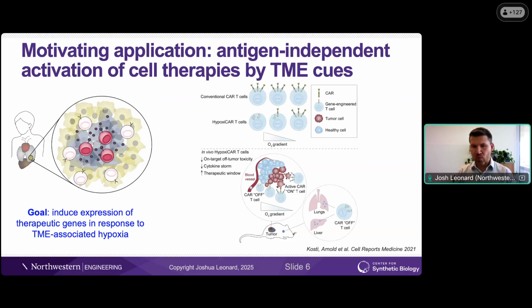One beautiful story that illustrated the potential of this approach, by Kosti Arnold and company, showed that if you used an engineered hypoxia responsive promoter, you could limit the expression of that CAR to the tumor microenvironment. That indeed gave you nice selectivity for killing in the tumor environment versus in healthy cell environments that share that same antigen.